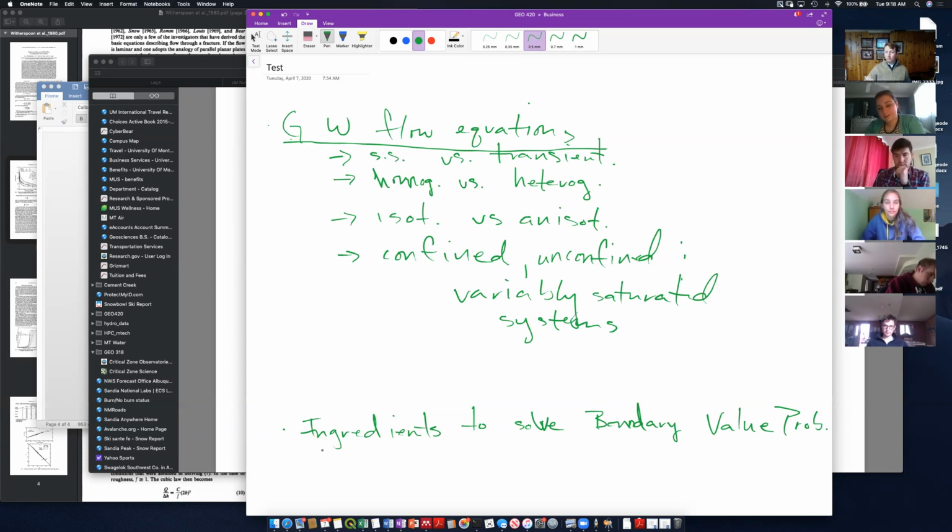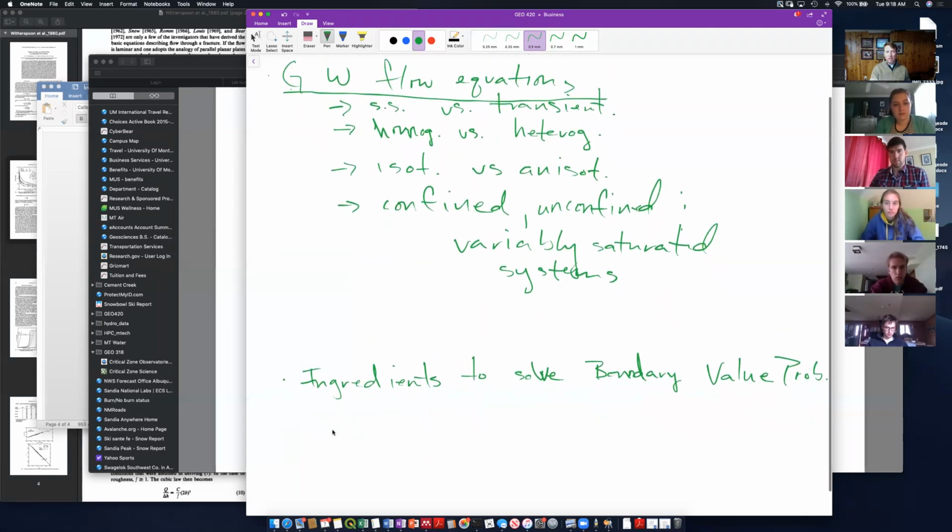In order to simulate groundwater flow, the first thing we need to understand is the equation that describes that type of flow in that setting. But then we need to think about how we actually solve that partial differential equation. In order to do that, you've got to have some basic ingredients, and I want you guys to know what those basic ingredients are.